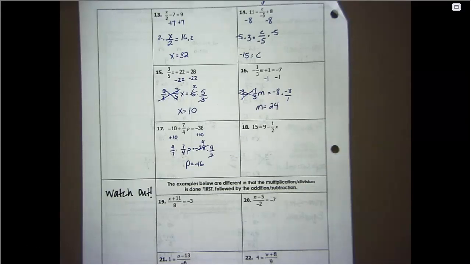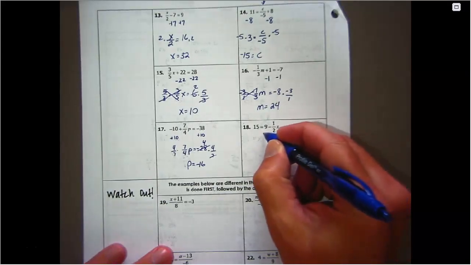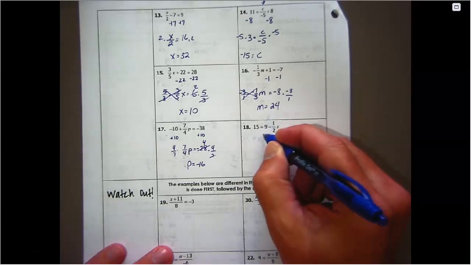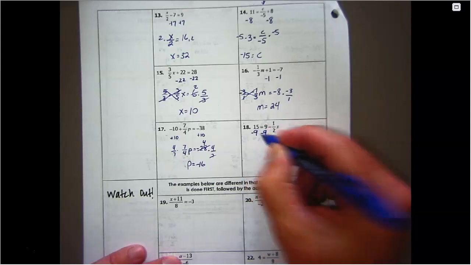What should we do with it? Okay, well, it's a positive 9 already, so we want to do the exact opposite of it. Yeah, and we want to make it -9. There you go.